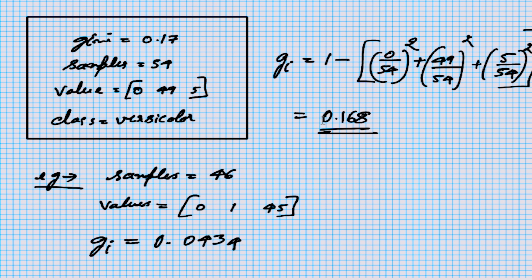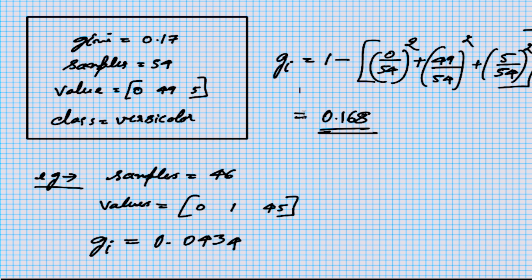It's 1 minus... So how do you identify which class has what value? You see here the first 0, whatever you see here, is the first class ratio. I need to calculate the fraction: 0 out of 54 whole square, then 49 out of 54 whole square, then the last one is 5 by 54 whole square, because the last two classes have 49 and 5 elements in this particular node.